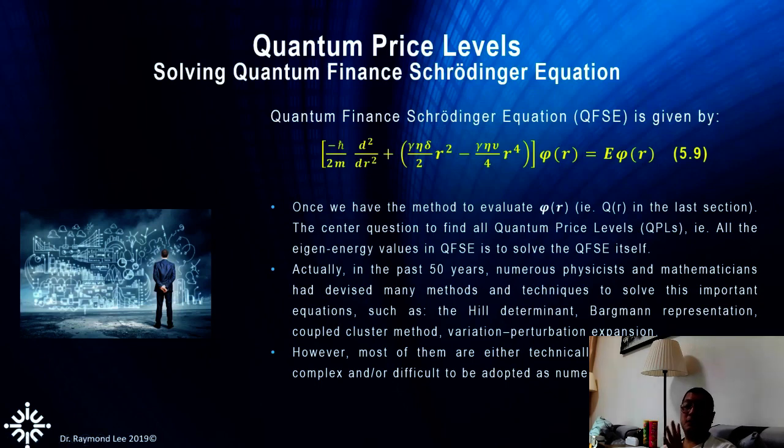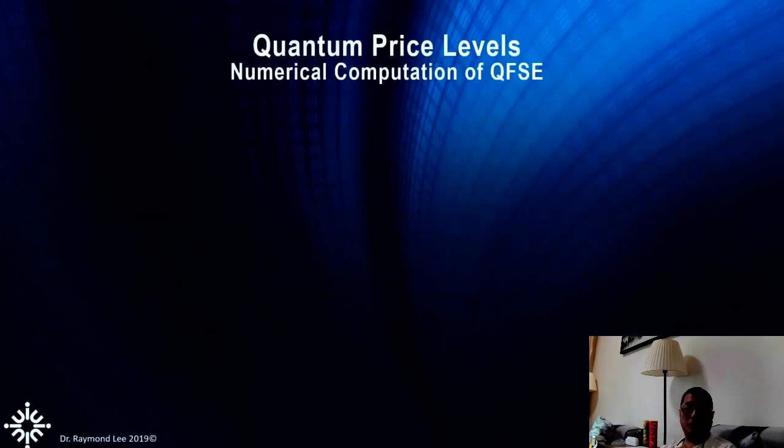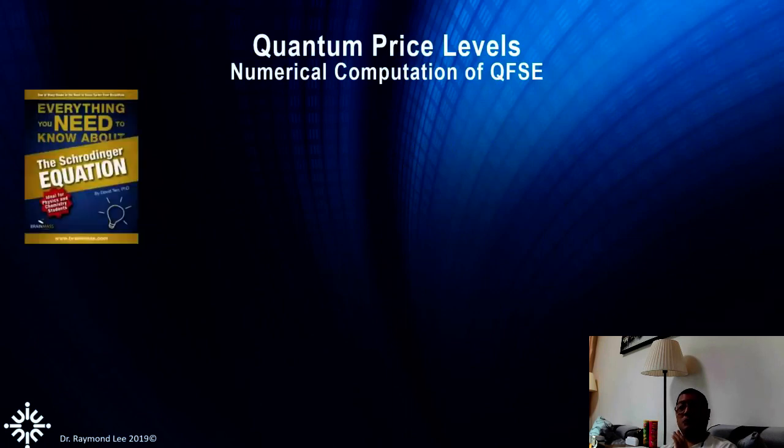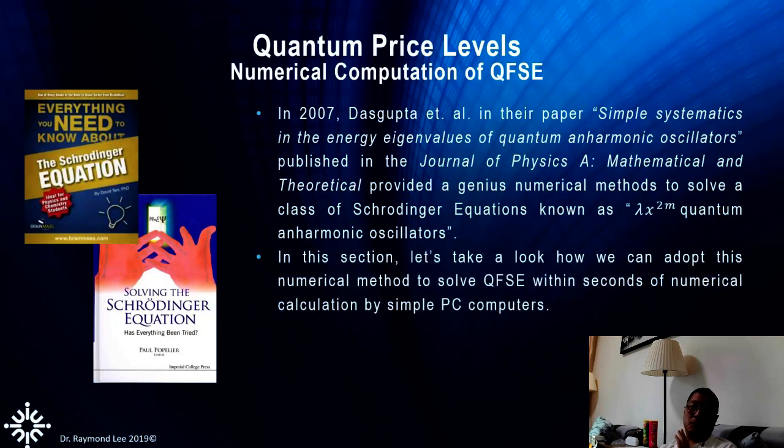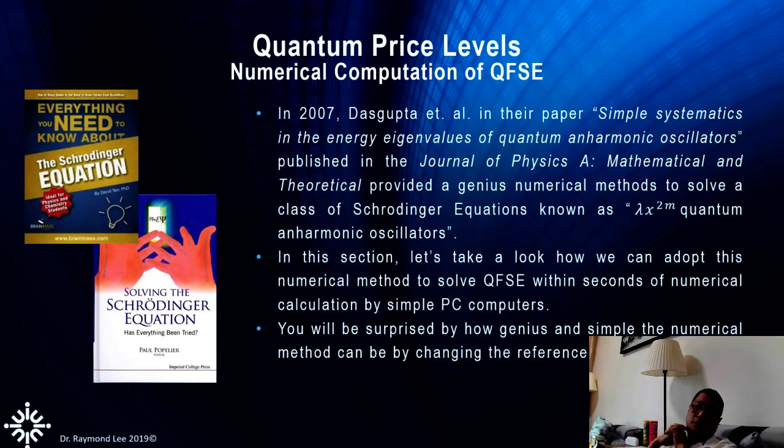There are many methods over so many years, until we have a very simple solution, a new kind of calculation, as you will see. So we come to how to solve the equations, the numerical computation. Not until 2007 did Jasper and the team write a very important paper on the simple static energy eigenvalue of a quantum anharmonic oscillator.